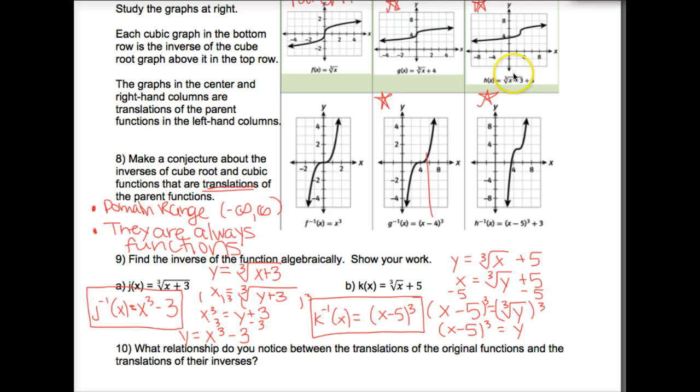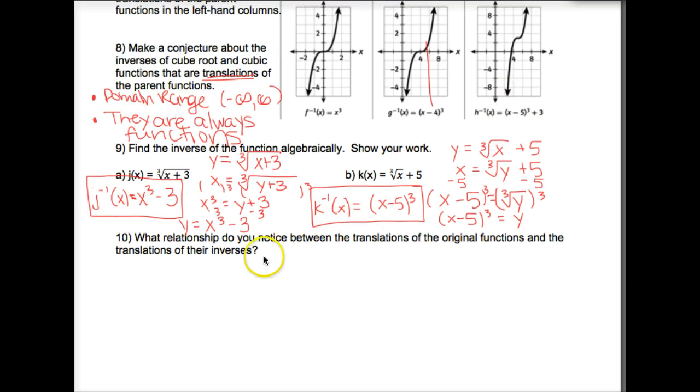Here, horizontal right 3, inverse had vertical up 3. Original had vertical up 5, inverse had horizontal right 5. And you can see that in the equations of these as well. An up 5 translated to a right 5. A left 3 translated to a down 3.